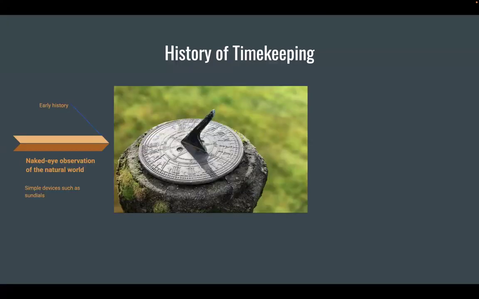So the history of timekeeping. For most of human history, everything was through naked eye observations of the natural world, primarily what was going on in the sky: the sun cycle, the moon cycle, the motions of the stars. The sundial is a very common and obvious instrument to do this, and it provided enough accuracy for the use case at the time.